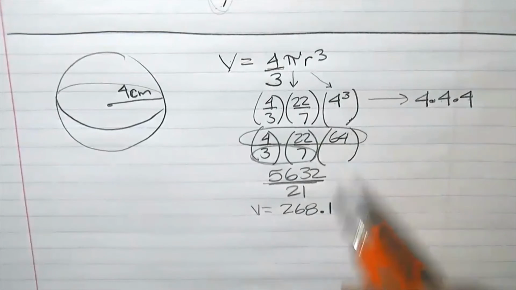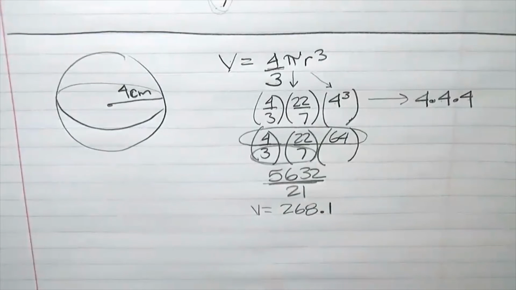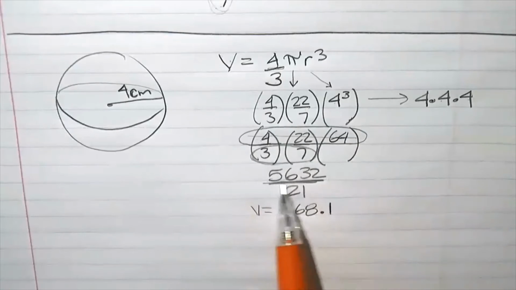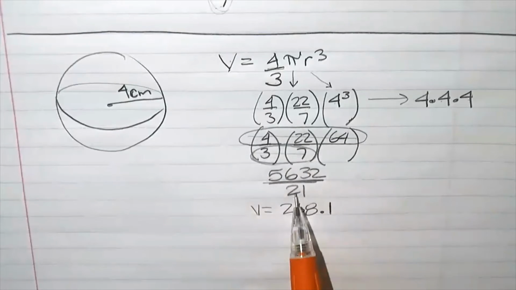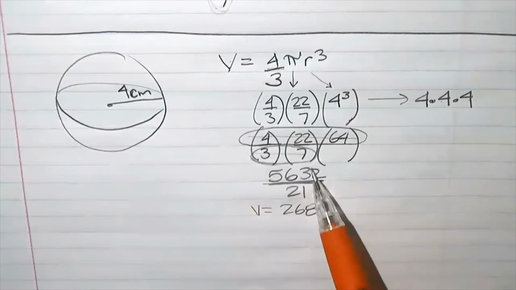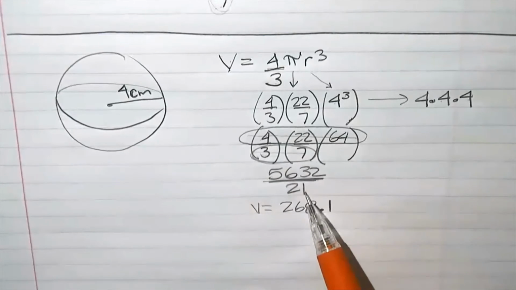So this looks kind of ugly, but if you're using a calculator, it's not that bad. It's basic fraction multiplication, multiplying the numerators, then multiplying the denominators. And this is a simple fraction, the numerator divided by the denominator.